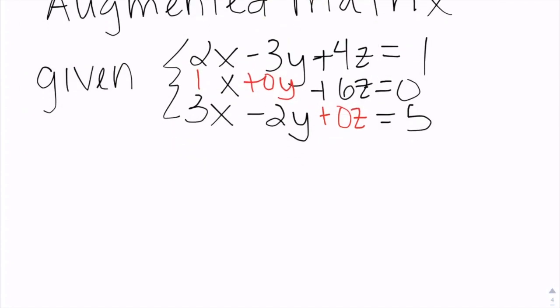And so the augmented matrix is made up of your coefficients of x, y, and z, and then your constant. And so your augmented matrix here is going to look like this.